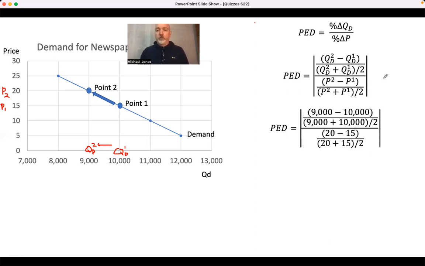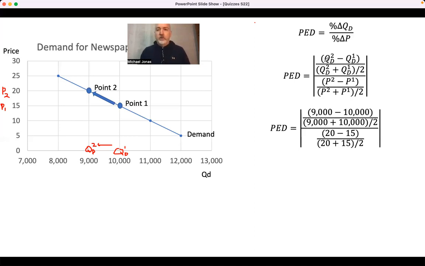With our numbers, maybe it's easier to start on the bottom. The price went from 15 up to 20, so P2 minus P1, 20 minus 15, over the midpoint between the two. We can do a lot of this in our head, but just to nail it down, we plug everything into the formula. And then the reaction, the change in the quantity from 10,000 down to 9,000, divided by the midpoint between the two.